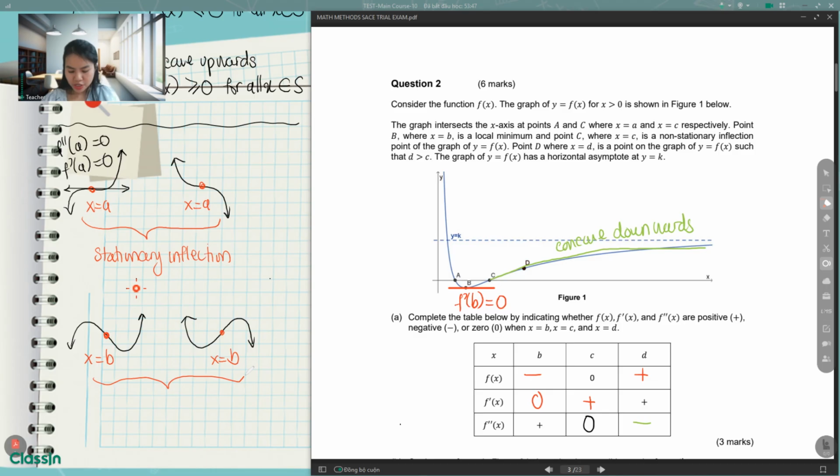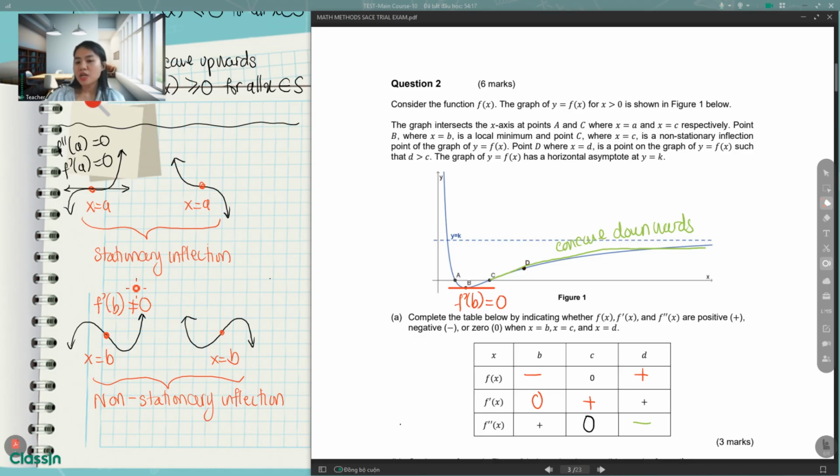These are non-stationary inflection points. It is non-stationary because when we draw a tangent at x equal to b, it's not horizontal. So the first derivative is not equal to 0 at x equal to b. So f dash b is different from 0.